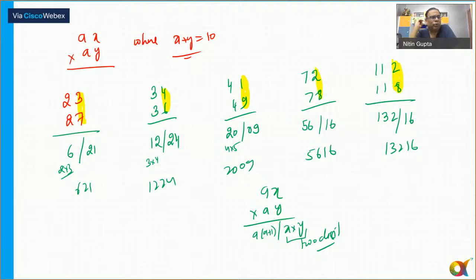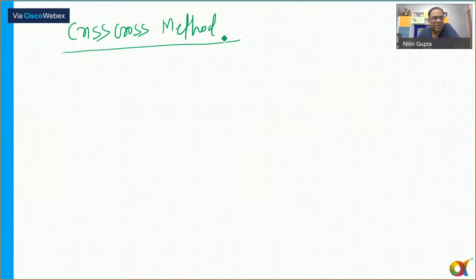Now, there are a few other techniques also. Multiplication, something known as the crisscross method. I'm sure that most of you have heard about this crisscross method. But frankly speaking, I didn't find this method to be very useful in the exam or in the questions here.